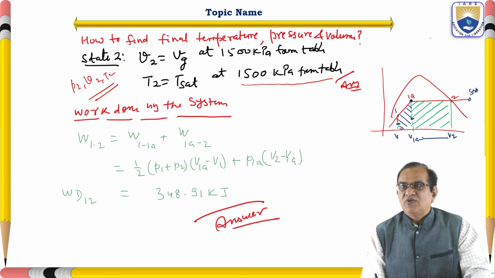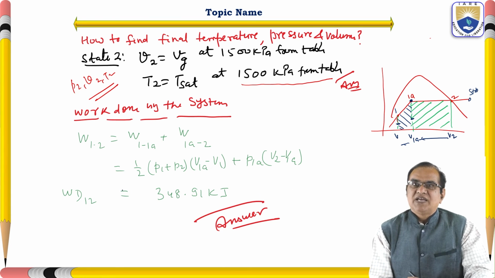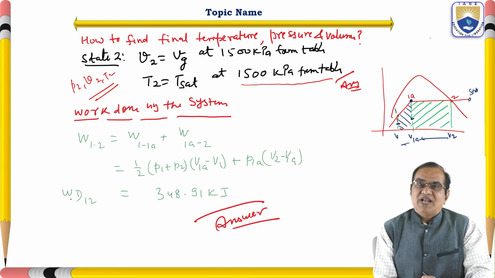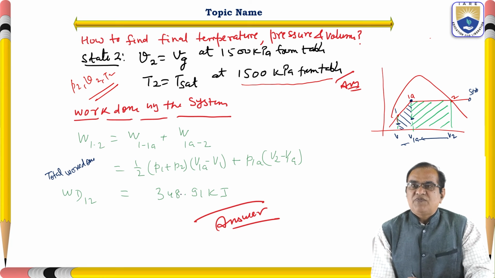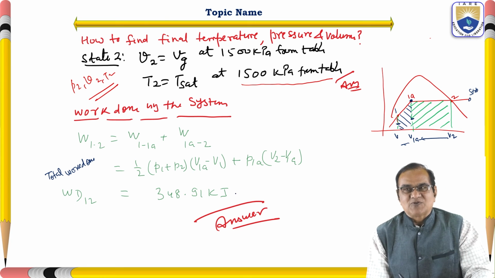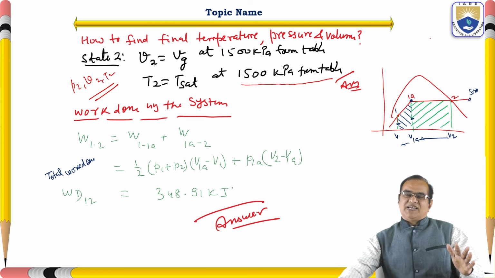So we know all the things. We will get the total work done, that is W12 equal to 348.91 kilojoule. So we have got the answer.